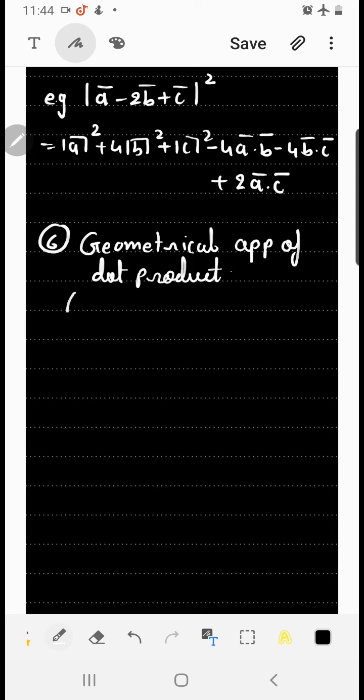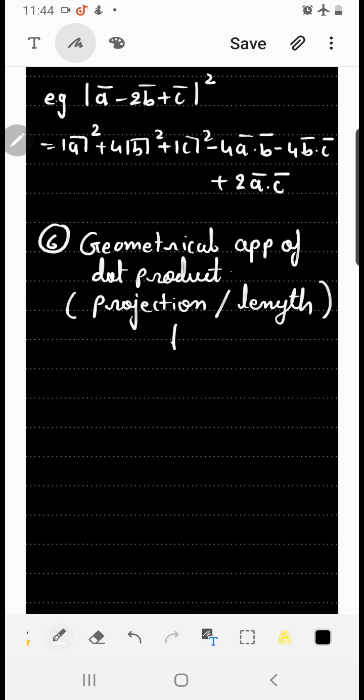So to answer this, remember we can find projection. In other words, I better say in coordinate geometry terms, I can say length. I would suggest that this is as good as shadow.